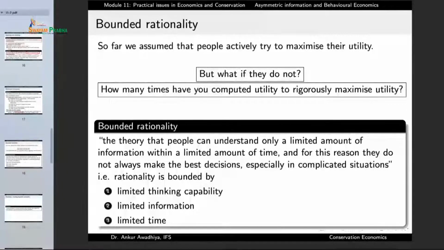For example, how many times have you computed utility to rigorously maximize utility? Well, hardly anybody does such a computation. Now, bounded rationality is the theory that people can understand only a limited amount of information within a limited amount of time. And for this reason, they do not always make the best choices, especially in complicated situations. That is, rationality is bounded by limited thinking capability.